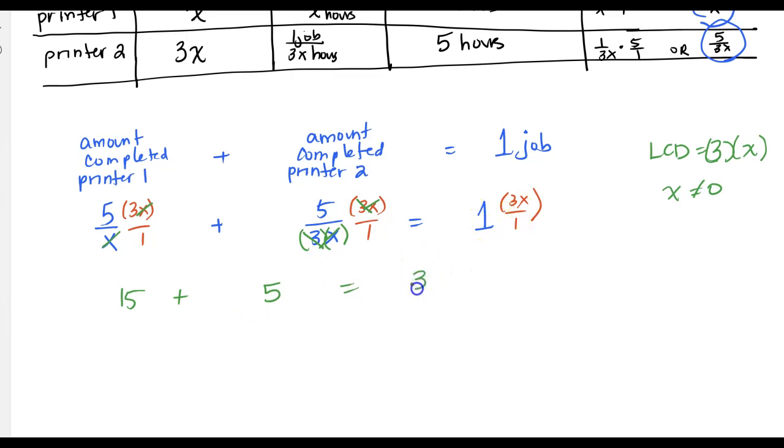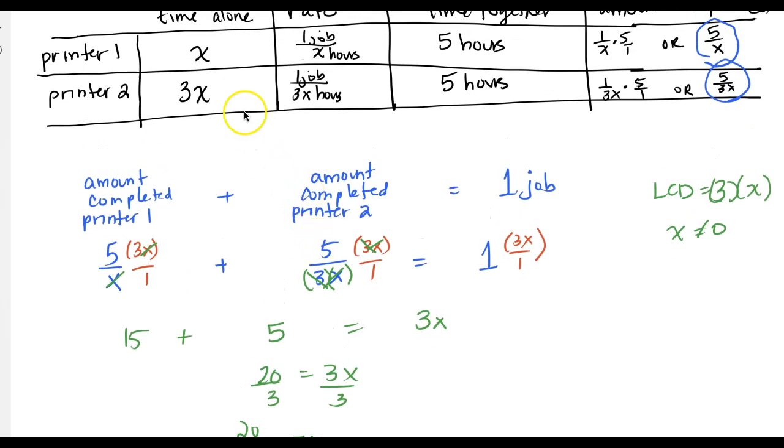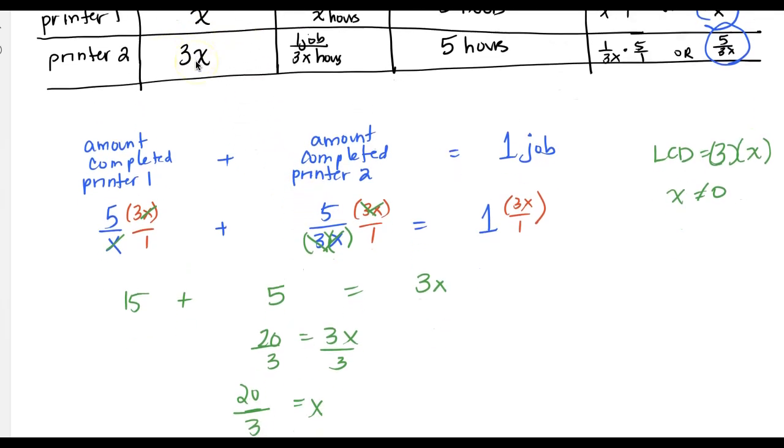And then 1 times 3x is 3x. Simplifying, 15 and 5 is 20, and dividing we get 20/3. Now 20/3 is the amount for printer 1, which takes 20/3 hours.